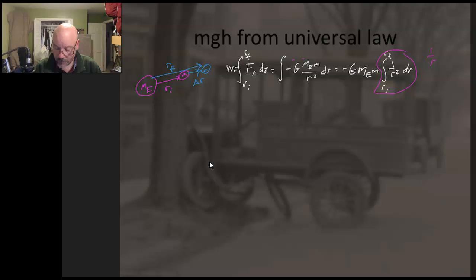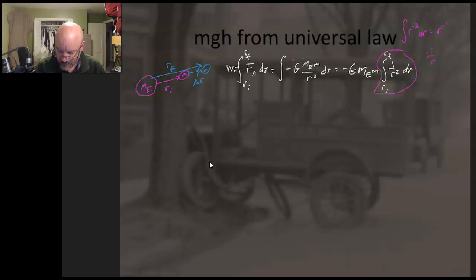If that's a little rough, think of it as r to the minus 2 dr, so I raise that power to r to the minus 1, and I lose my negative sign.